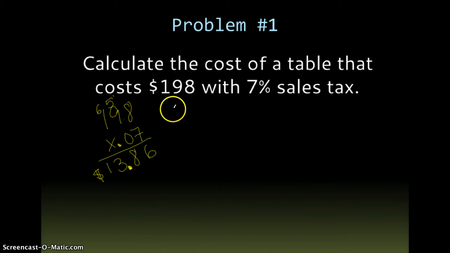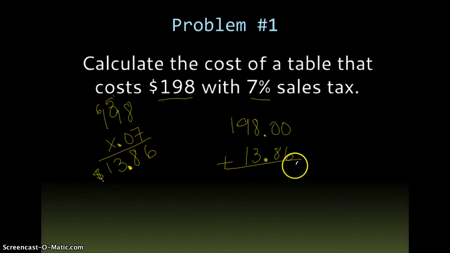And so, like 2 slides ago, it said the original cost plus the 7%. So this is our 7%. We need to add it to our original amount. Now remember, when we add decimals, you need to line up the decimal. So our decimal is there. We line it up. We put our other numbers underneath it.